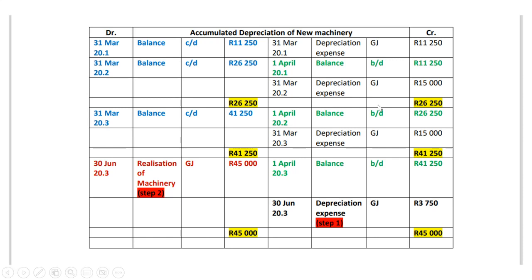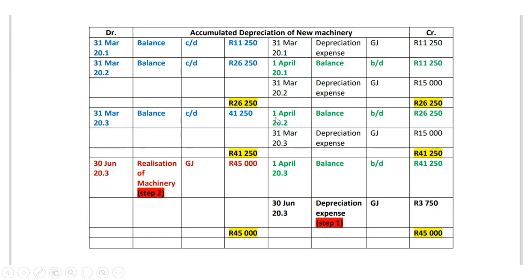Now we need to make sure the credit side is equal to the debit side, and on the debit side there was nothing. So to make these sides equal to 26,250, we need to have 26,250 on the debit side, which we'll call our balance carried down of how much? 26,250. And our balance carried down of the previous year becomes the opening balance of the next period.